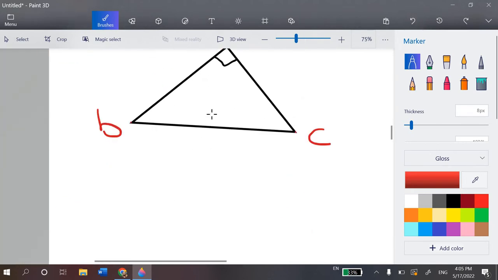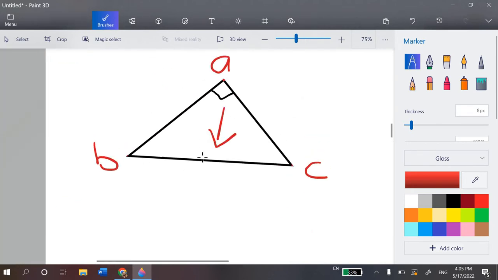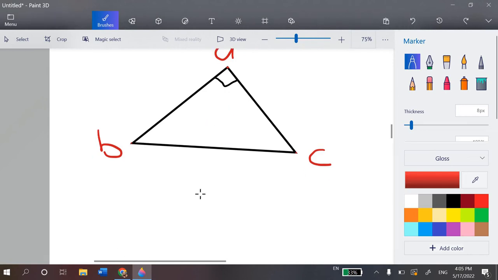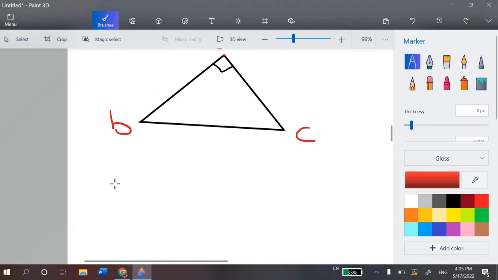Let's write down the formula. First, let's find the hypotenuse. This side here is our hypotenuse, opposite 90 degrees. So the hypotenuse is BC. We say BC to the power 2. As I said, you can write this as CB, CB is okay.